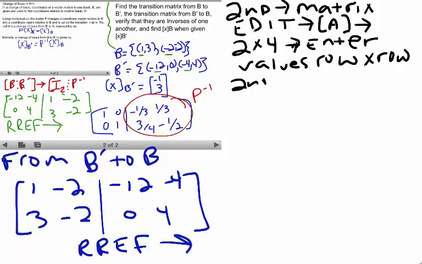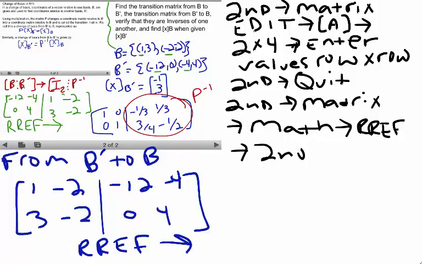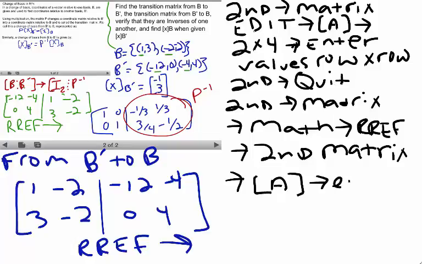Then you'll go to second, quit, and back into second, matrix. This time, highlight math, scroll down to select RREF, then you'll type second, matrix, and press enter to select option A, and enter.